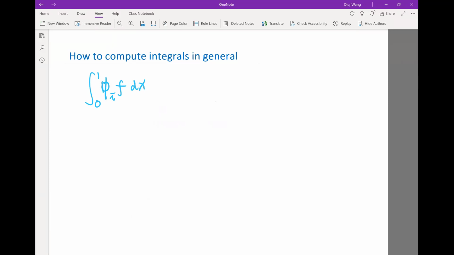For example, f of x equal to x squared is a perfectly valid function to use. Or f of x equal to sine of 2 pi x, which is a case we know an analytical solution for. How do you compute that kind of integral?